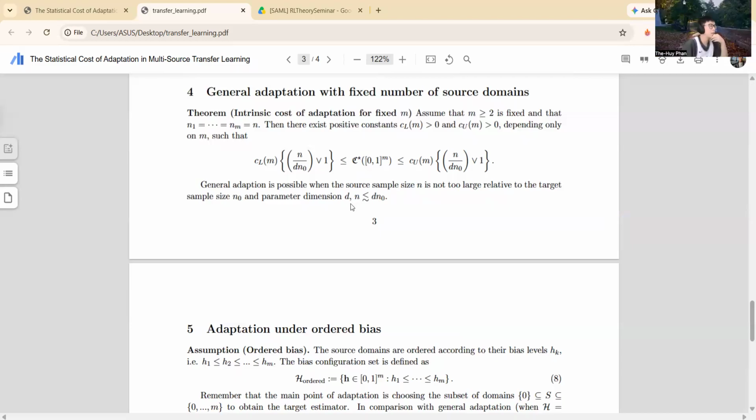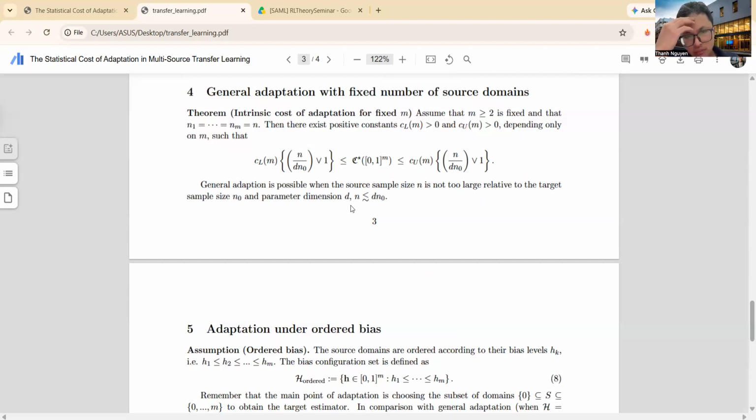But isn't it saying that if you have lots of data, it means that you cannot transfer learning? What is it saying? Yeah, I think so. It is the relativity between the sample size of the source and the target domain.